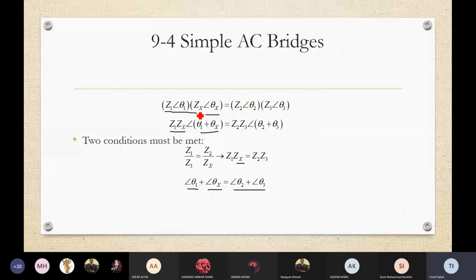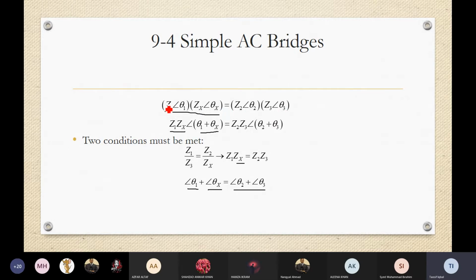Then we have Zx with theta x, the magnitude of unknown impedance and the phase angle of the unknown impedance Zx. Then similarly on the other side we will have Z2 along with its phase, Z3 along with its phase.